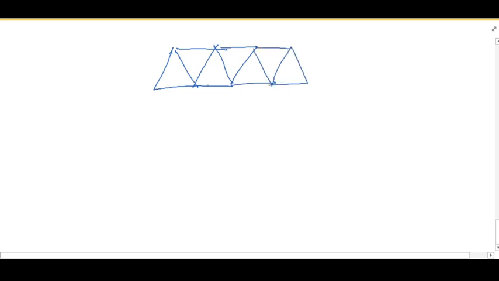As this is a truss, the number of unknowns is not very small. There will be 2 reactions, 2 unknowns, then another 1 unknown, 2 unknowns, 3 unknowns, 4, 5, 6, 7, 8, 9, 10, 11, 12, 13, 14, 15, 16, 17, 18. So 18 unknowns are there.